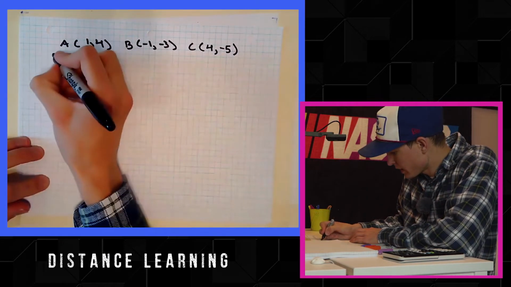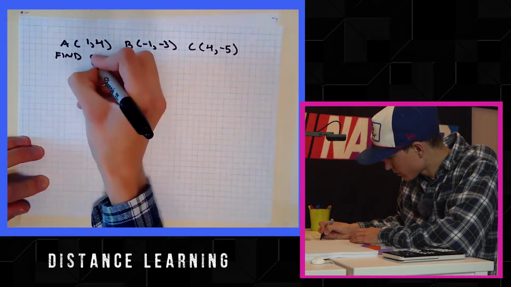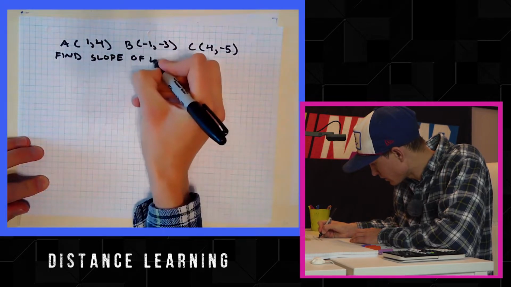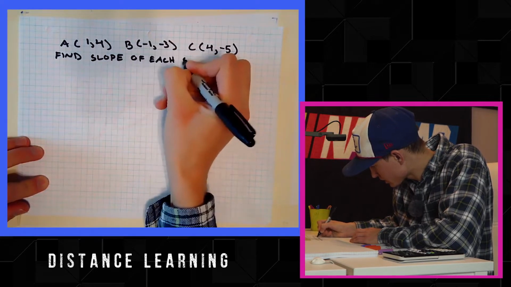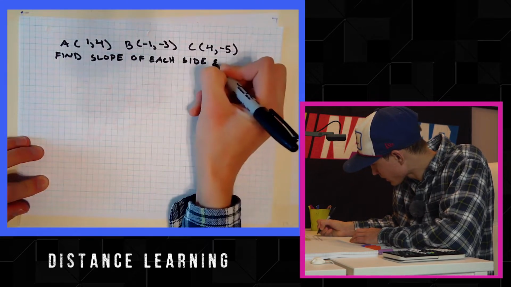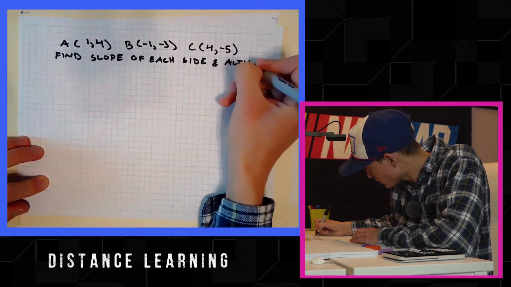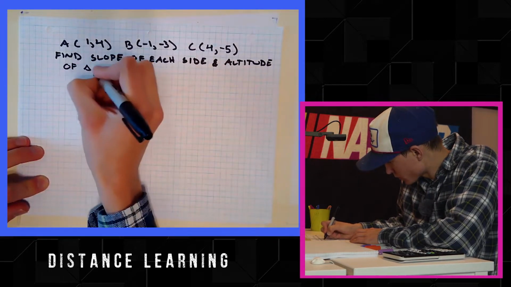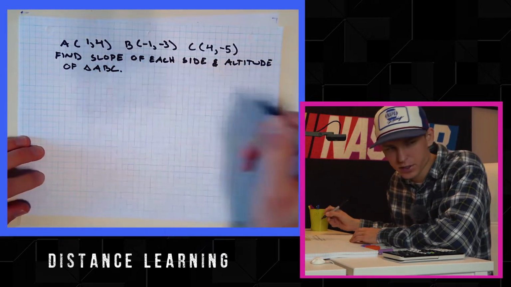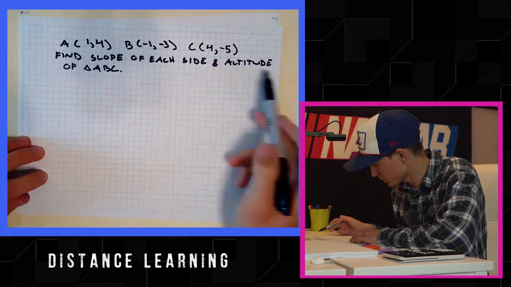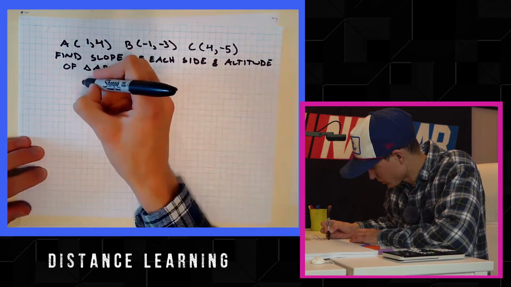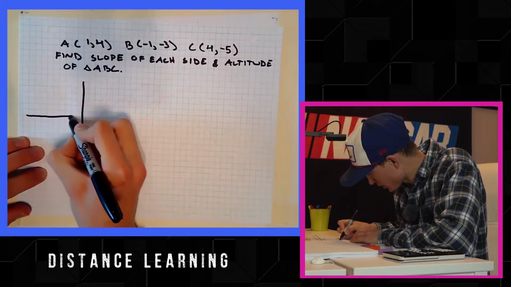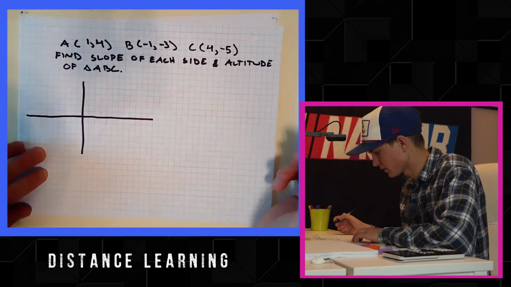And it wants you to find the slope of each side and altitude of triangle ABC. And initially, I saw altitude, I was like, whoa, holy smokes. They're gonna make me get crazy in here. But really, I just need to find the slope. I don't actually have to find, like, the line.